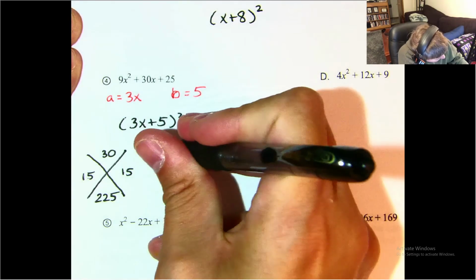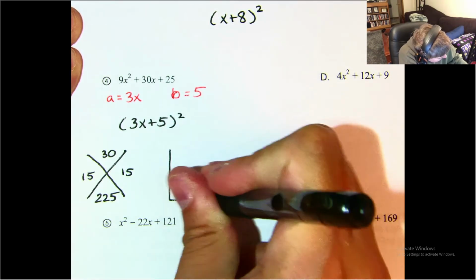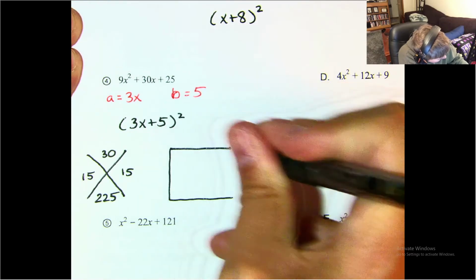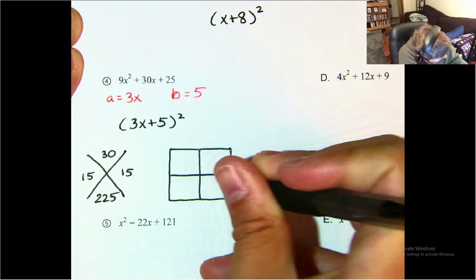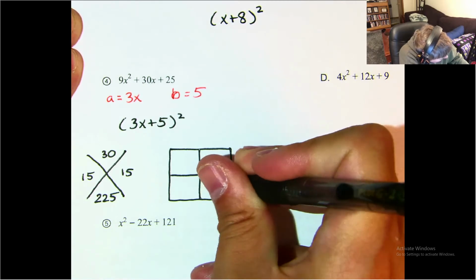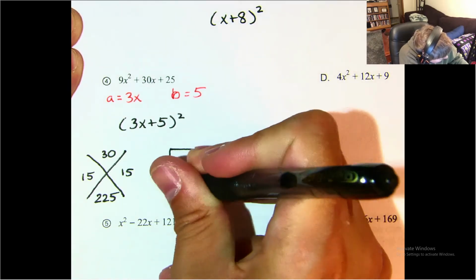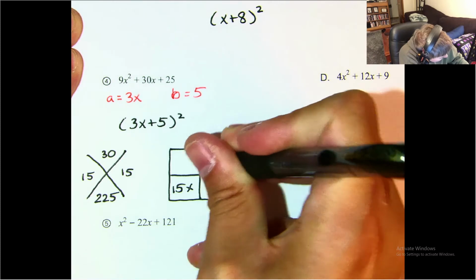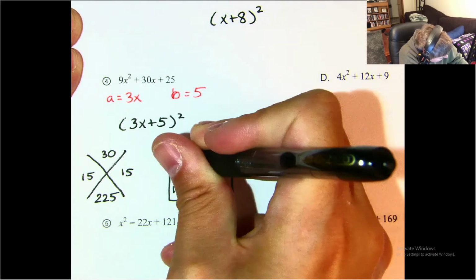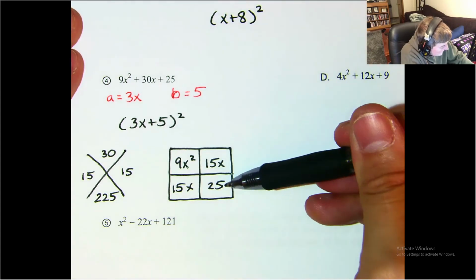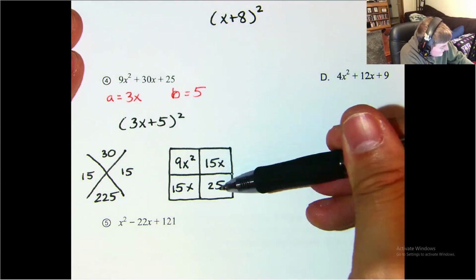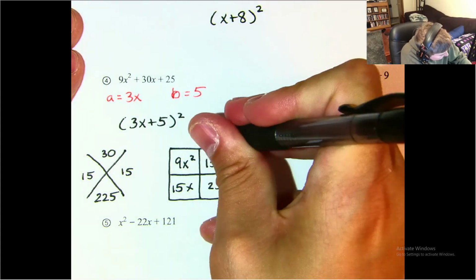So then I can go ahead and put it into my box here. I can put 25 here, 15x here, 15x here, and 9x squared here. Then I can take the greatest common factor out. The greatest common factor between 15x and 25 is 5.